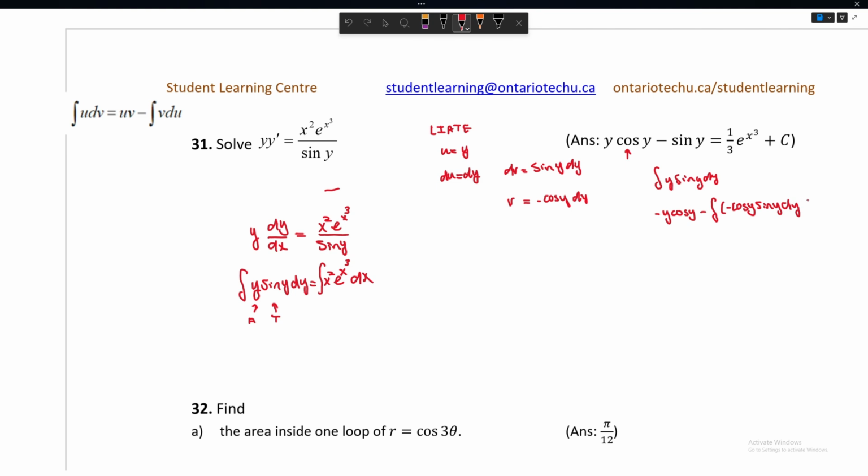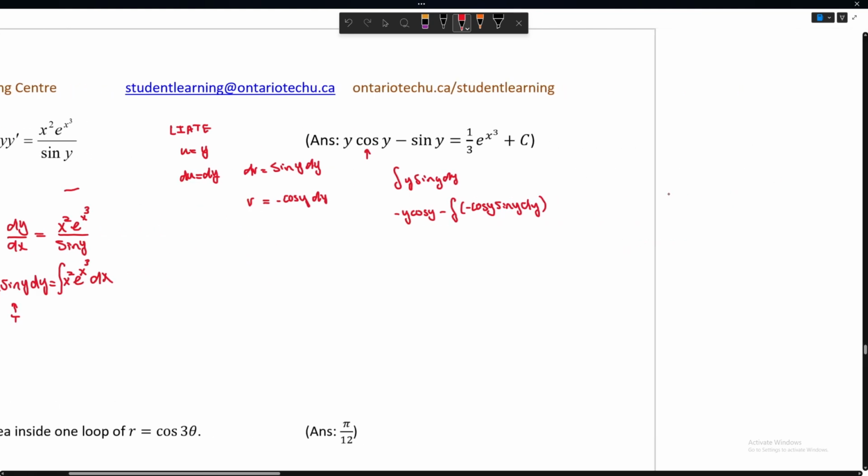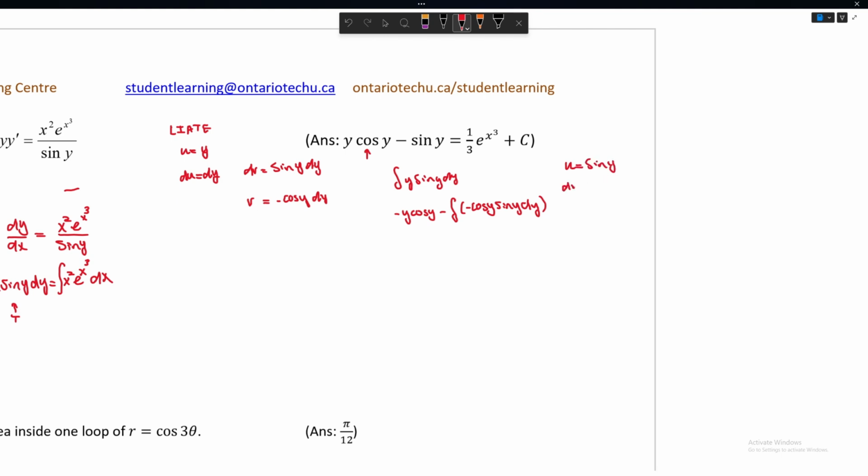All right, and here now I'm going to integrate this. Integrating this is a simple u sub. So my u, I'll put it as my sine, and then my du is cos dy.